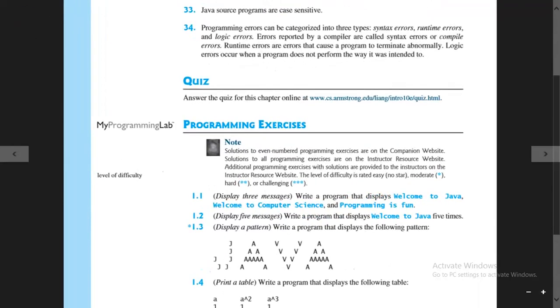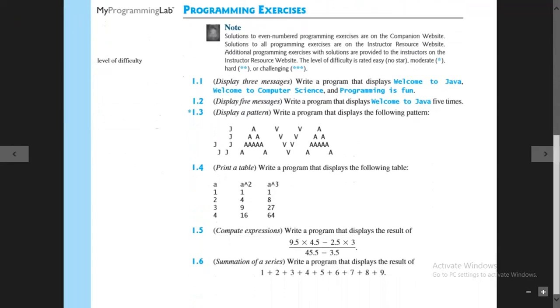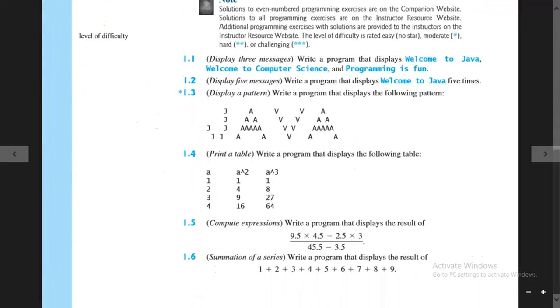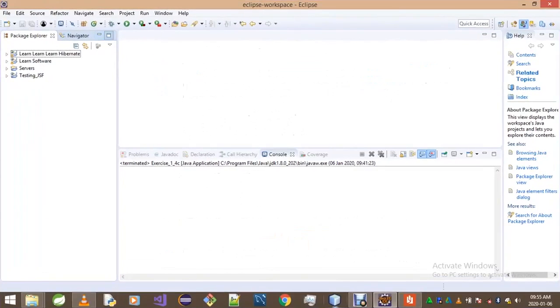For now, let's look at the question. The question we're actually working on is number 1.5. So we are required to write a program that displays the following results. We're looking to display these results for this expression. Okay, let's jump onto our IDE.